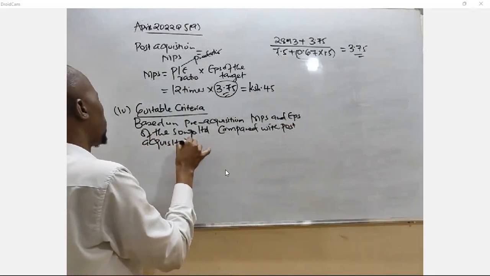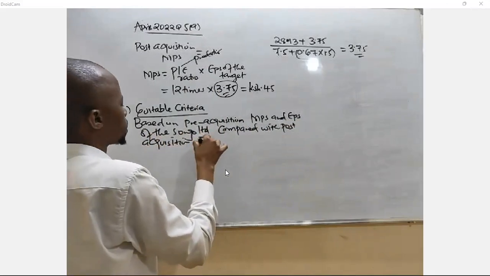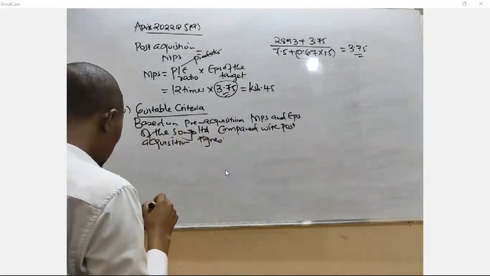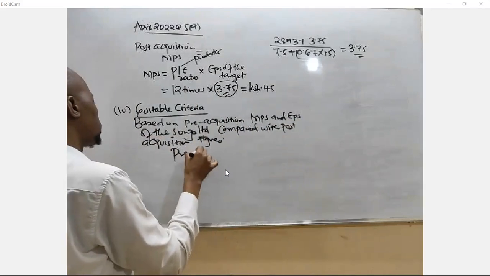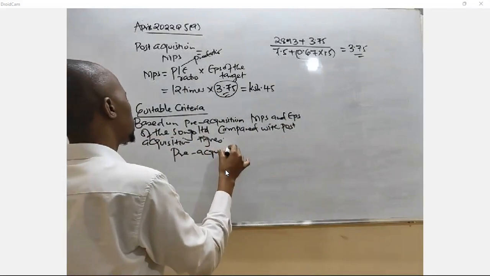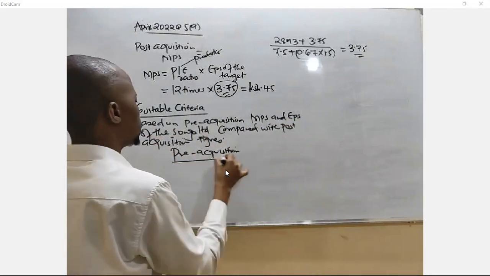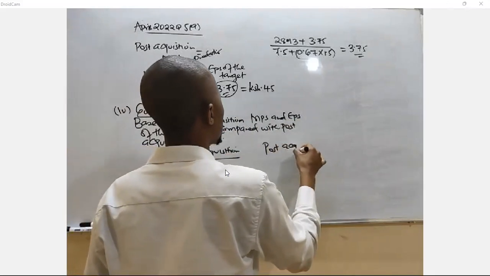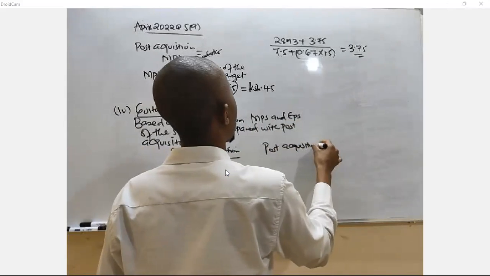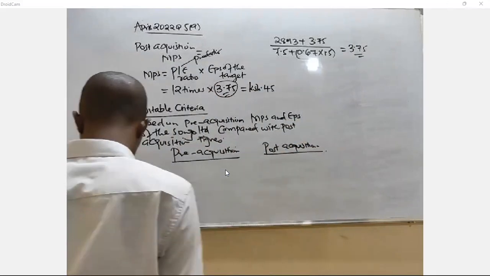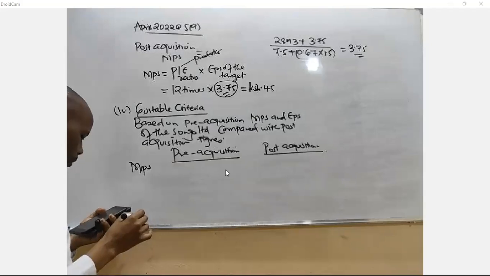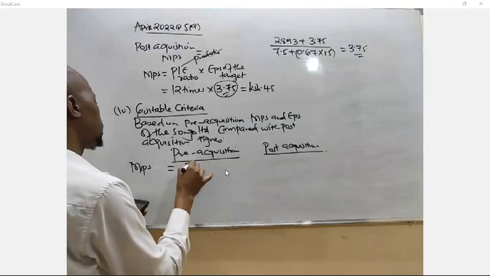We normally compare with the post-acquisition figures. So in this case, let us look at the pre-acquisition figures, then we also look at the post-acquisition figures. The market price per share for the pre-acquisition was 56.